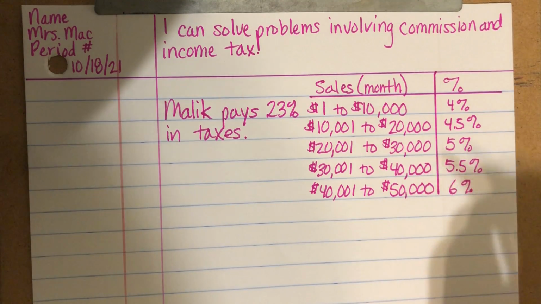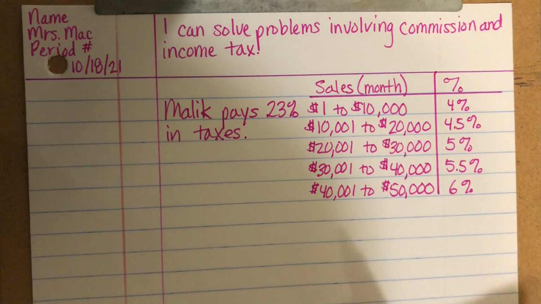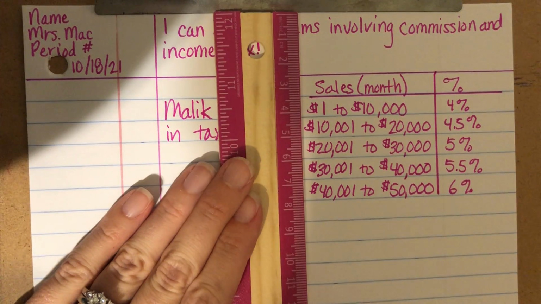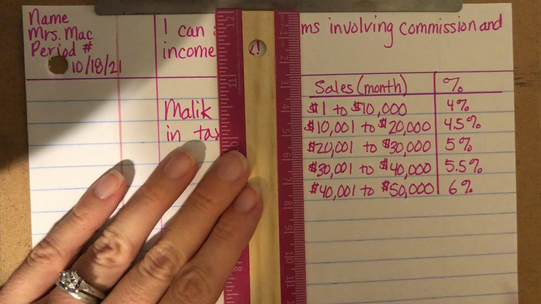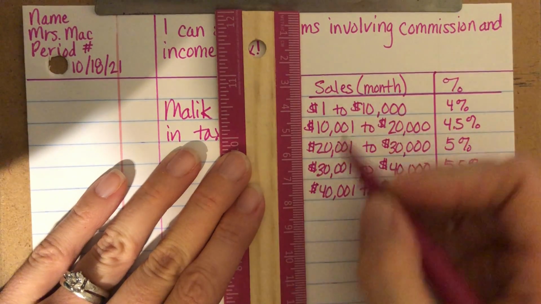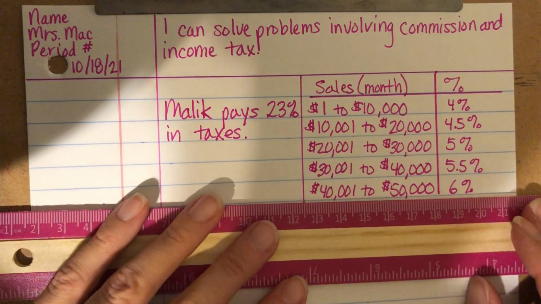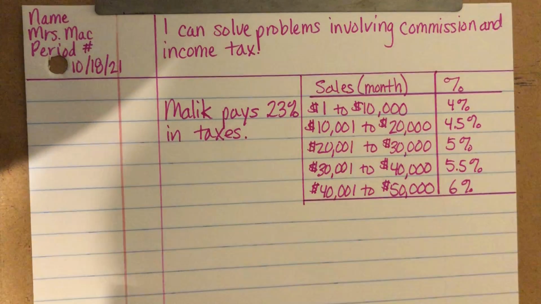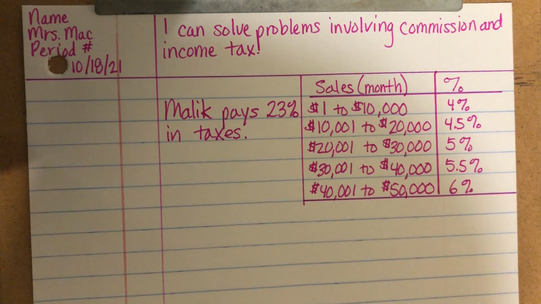And then, so what we're going to do is we're going to use our table to find out how much she's going to make, what her gross income is going to be for the commission. And then we're going to take the taxes out as well. Okay, I'm just going to block that off for our problem.